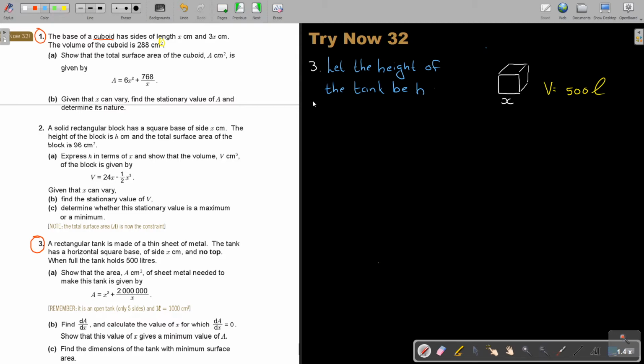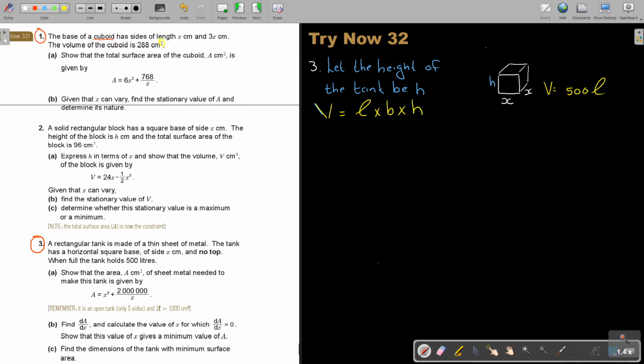Okay, so the volume of it's actually side by side by side, but because of the height, this is also x, but this is going to be h. Let's rather work with base times height.